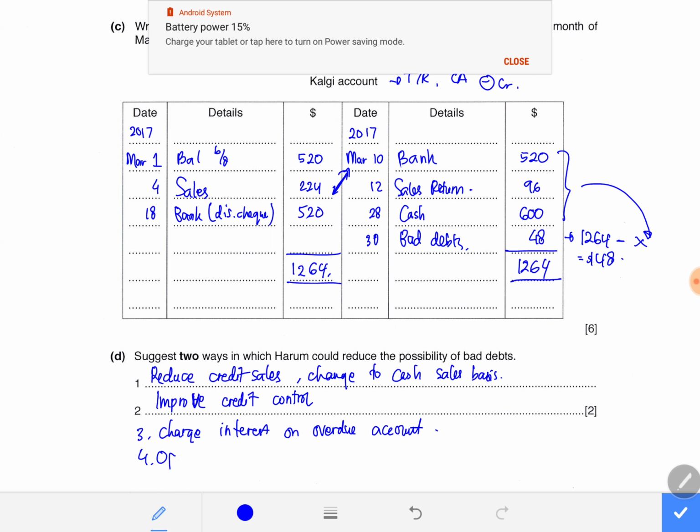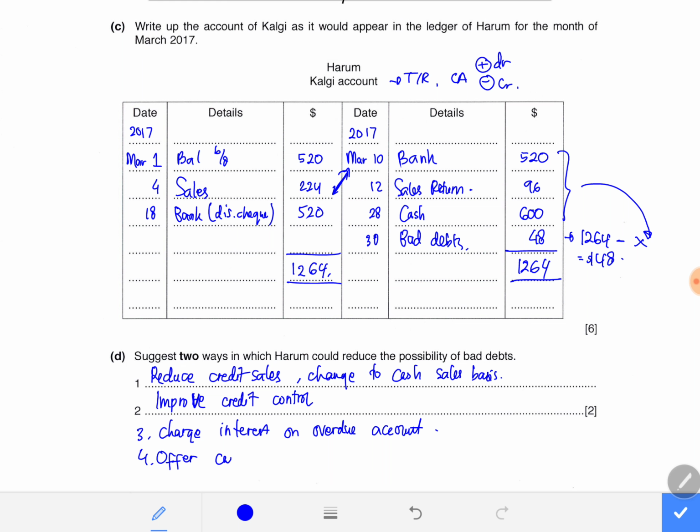And then you might also offer cash discount for prompt payment. If they pay you early, you can give them extra discount, cash discount.